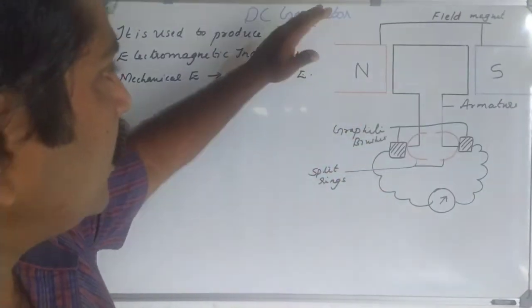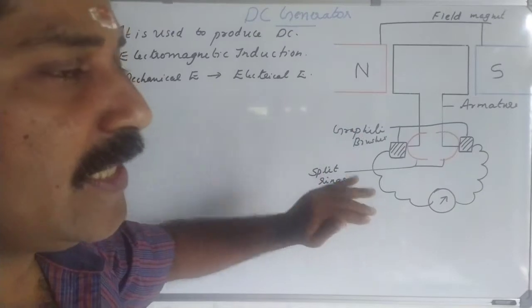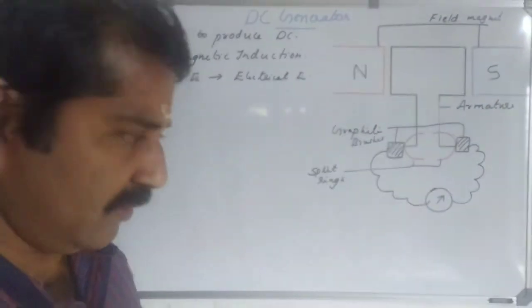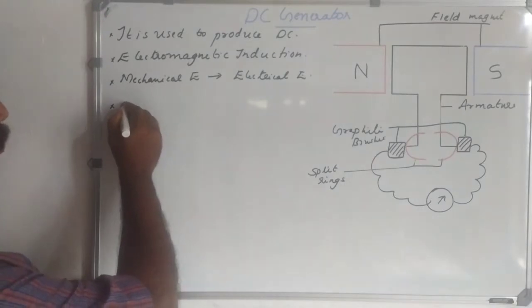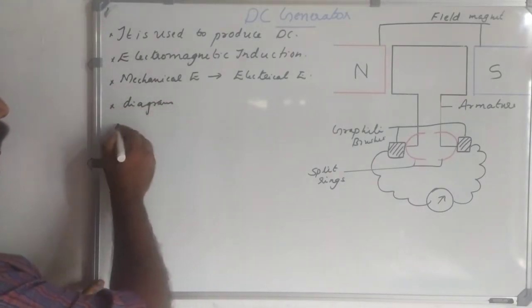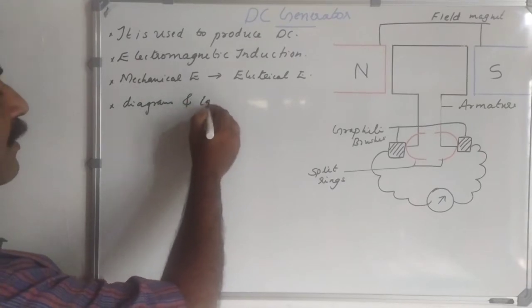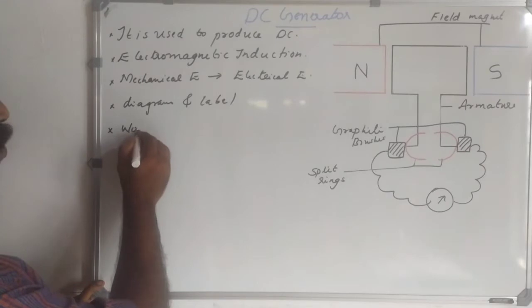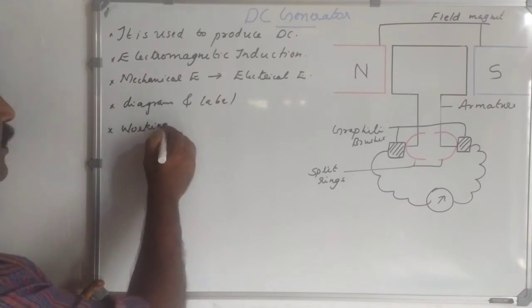DC is produced by the DC generator. We learned how to draw the diagram and then to label it. Now we are going to discuss the working of a DC generator.